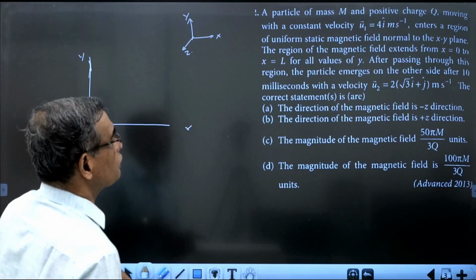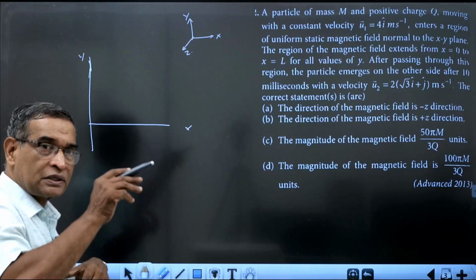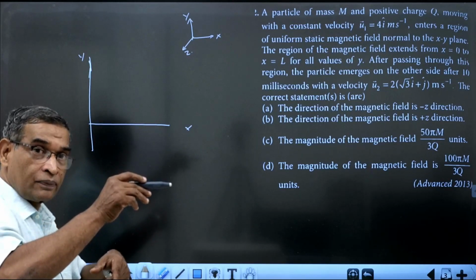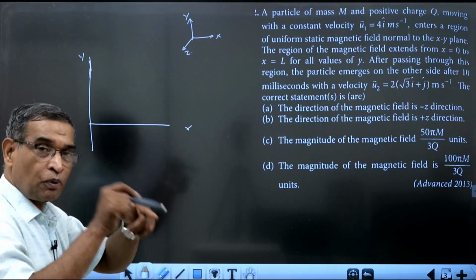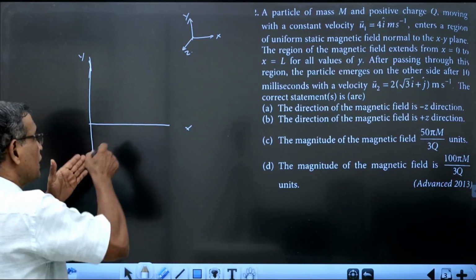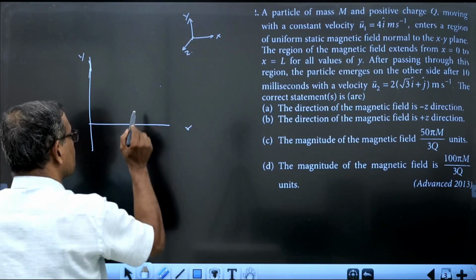A particle with a positive charge definitely takes a curved path. Due to that curved motion, the particle must gain positive x and y velocity components, meaning the particle must be somewhere here in this quadrant.